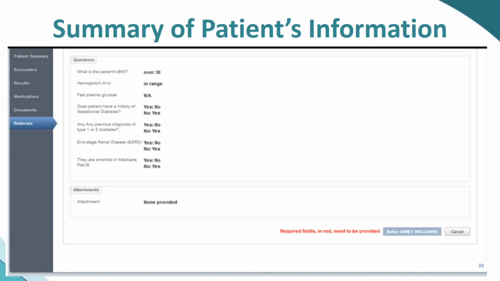So this is how the practice submitting the referral answered those questions that you saw earlier. So the patient's BMI is over 30 and A1C is in range, and certainly they put in range, but they could put in the actual values here if they wanted. Or as Karen mentioned, they could attach the actual A1C result.